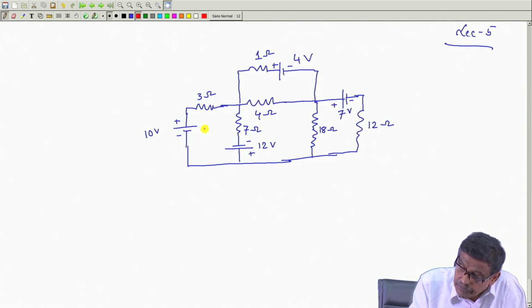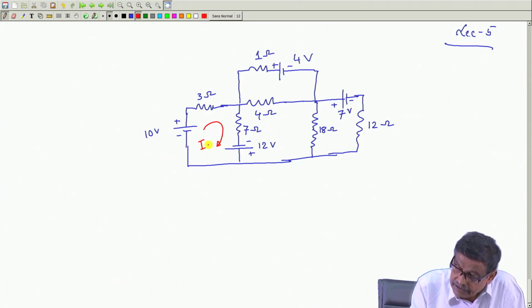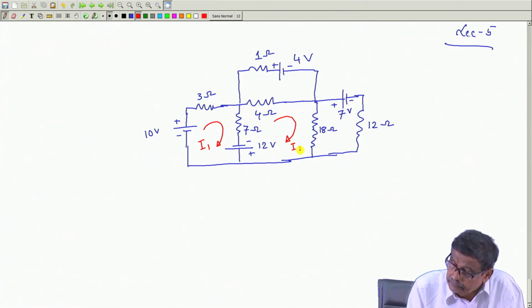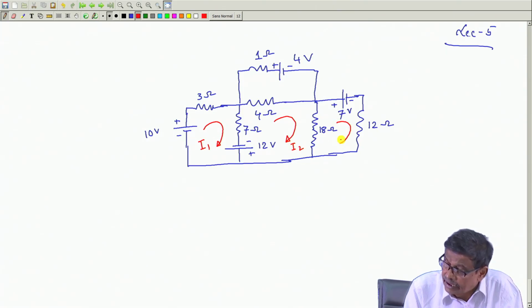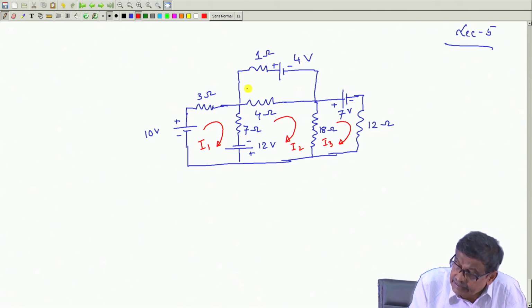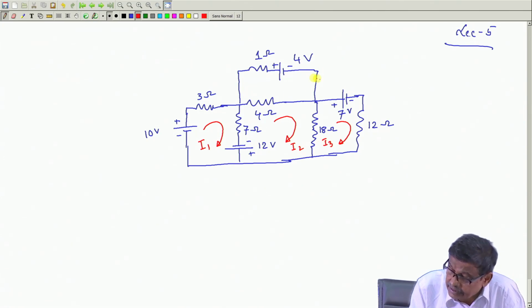I will assume the currents, assign a current to each mesh, that is I 1, this is suppose I 2, and this is I 3 I have assigned, and this is another mesh within which nothing is present, and this is suppose I 4.